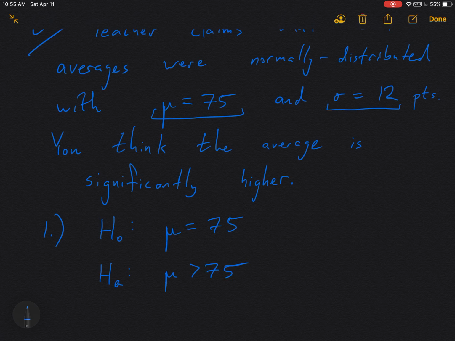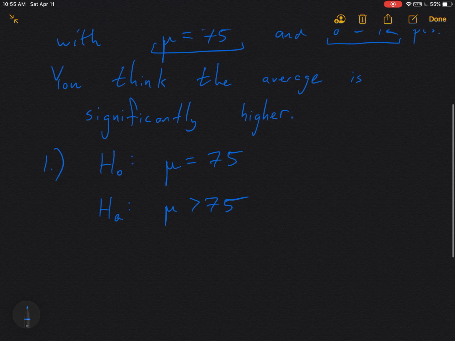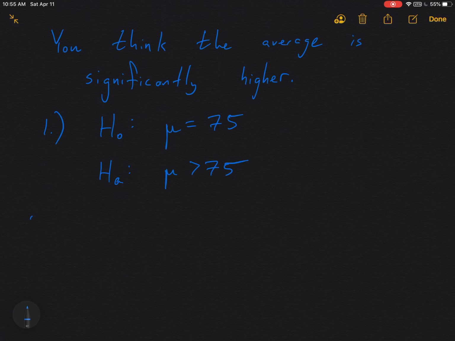If you think that the average is significantly higher, then the alternative hypothesis would be that mu is actually greater than 75. So this is going to just be a one-tailed hypothesis test. We'll see some examples later of two-tailed hypothesis testing, but the strategy is still essentially the same. Next, what you need to do is decide on a level of significance.